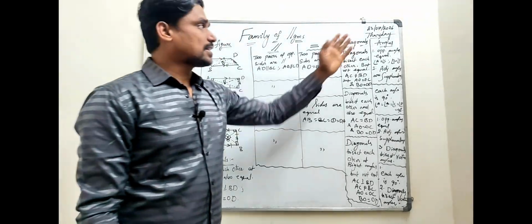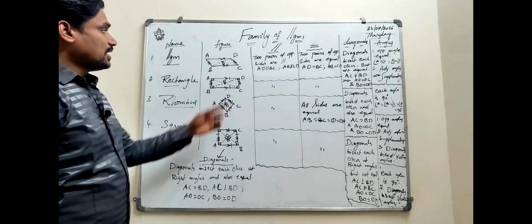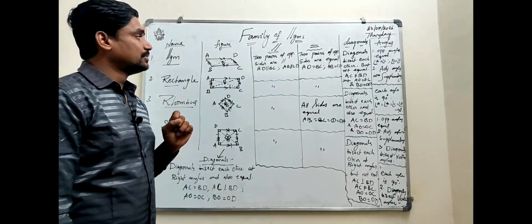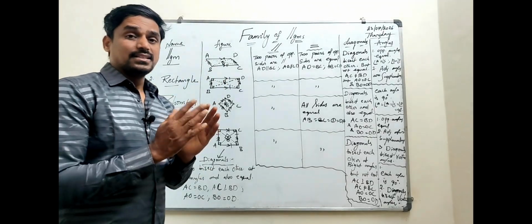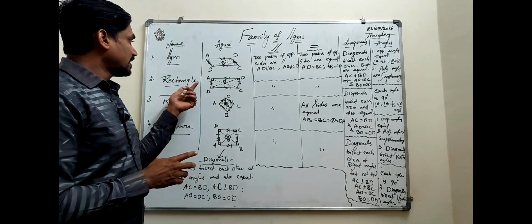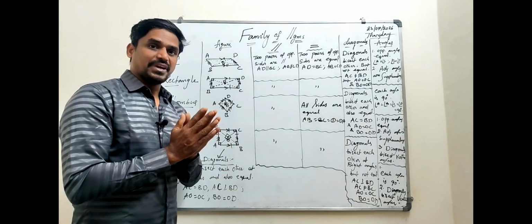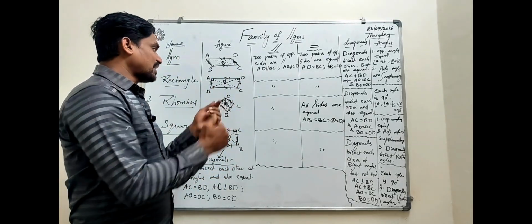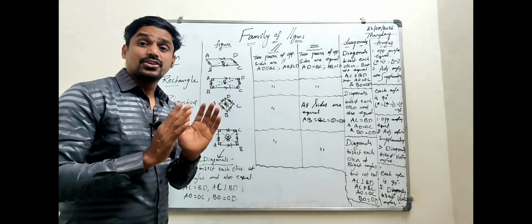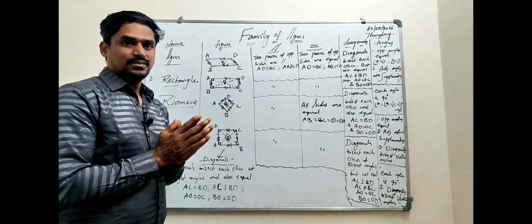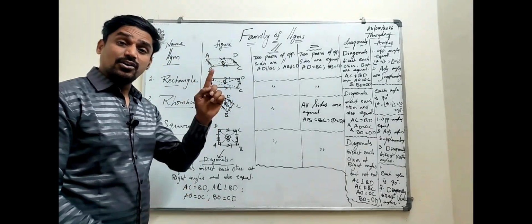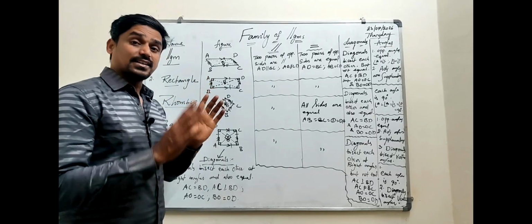Okay. Next, coming to angles. Here opposite angles are equal in parallelogram and adjacent angles are supplementary. In rectangle, the same is followed, as it is a parallelogram. But one additional property is each angle is 90, whereas in parallelogram we are not sure each angle is 90. If a parallelogram has one angle 90, then it is called a rectangle directly, correct?